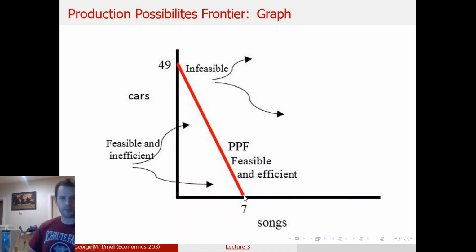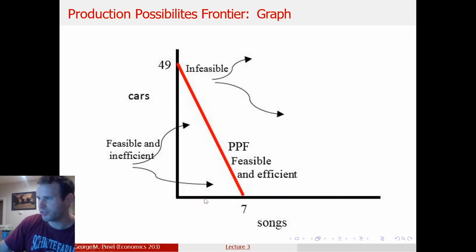So just to recap all that, there's a downward slope in the PPF, which captures the trade-off between cars and songs, or good 1 and good 2, or whatever potential things you could produce. That trade-off is going to be quoted in cars per song, right?